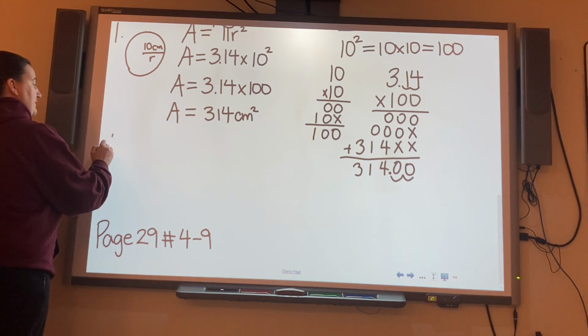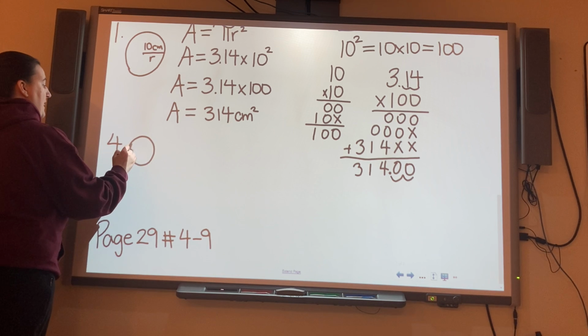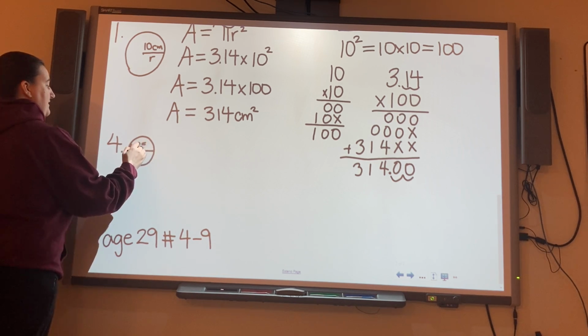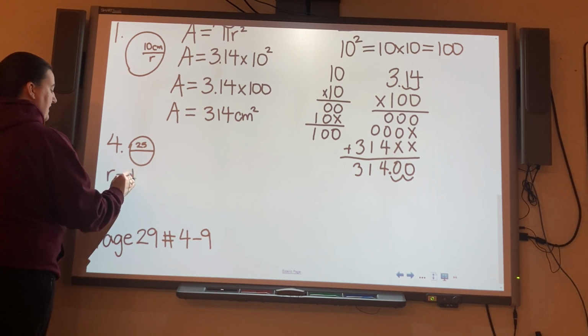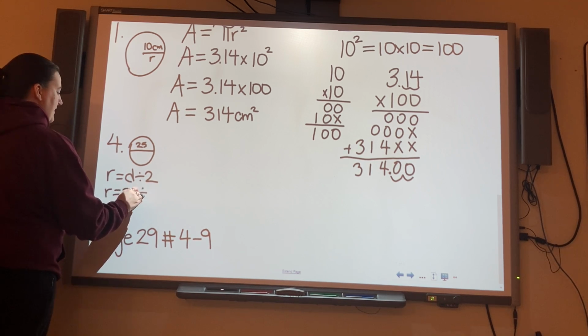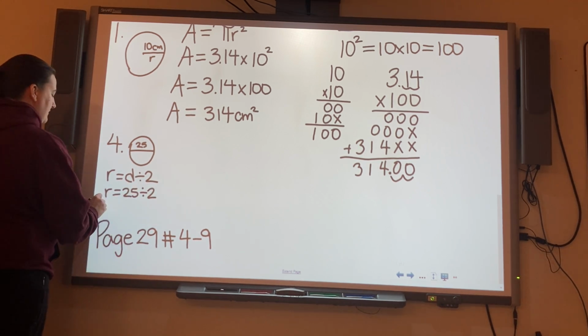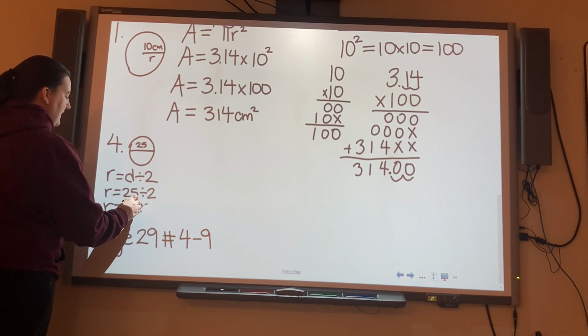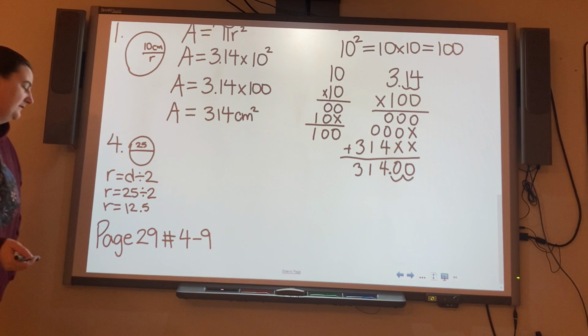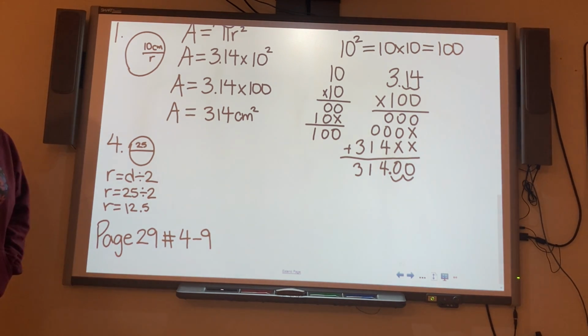So as a quick example, on number 4, you have 25 diameter. So the radius equals diameter divided by 2. Radius equals 25 divided by 2. Radius equals 12.5.